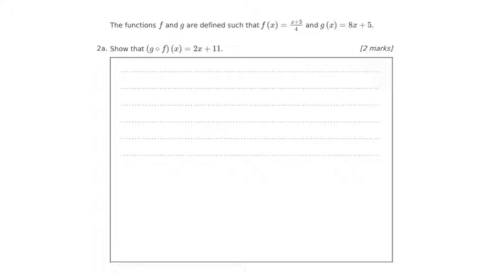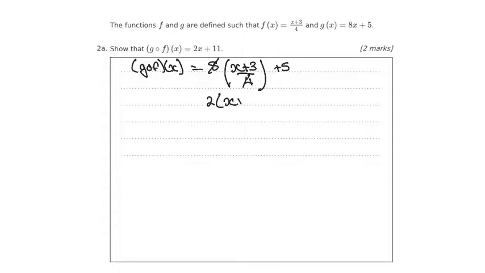So therefore we get g of f of x is equal to 8 lots of x plus 3 over 4 plus 5. Let's do some cancelling. So we get 2 lots of x plus 3 plus 5. Multiply out your bracket, you get 2x plus 6 plus 5, which is equal to 2x plus 11.